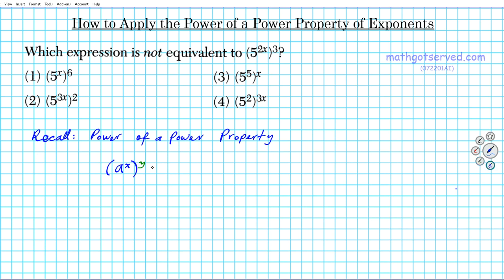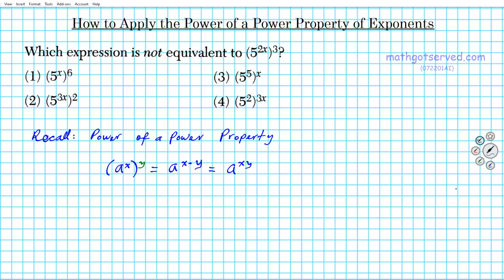The power of a power property basically states that you multiply the powers. If you have a power raised to a power, you multiply the powers. So a to the x, all raised to the y, gives us a to the xy. Simple and short.